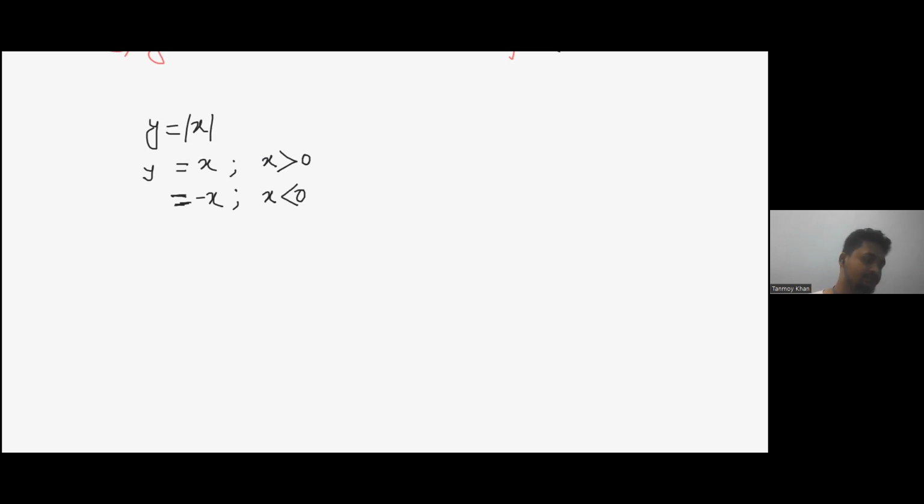So that means in all the cases, y will end up generating a positive value. So if we try to draw this function, how will it look?